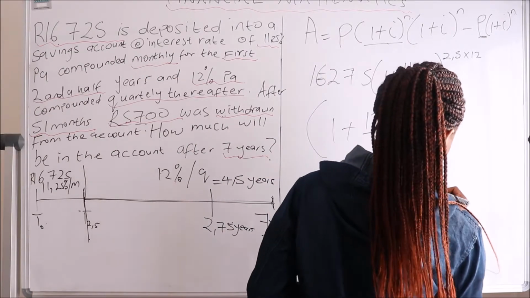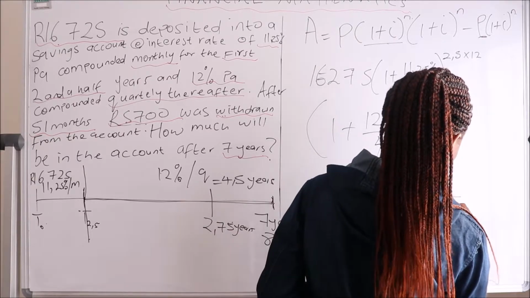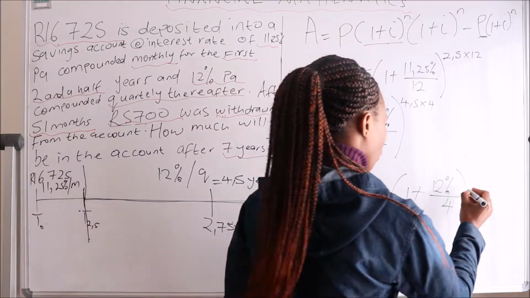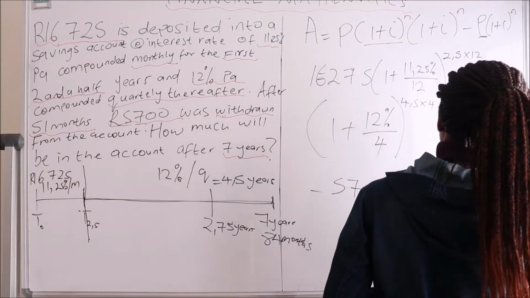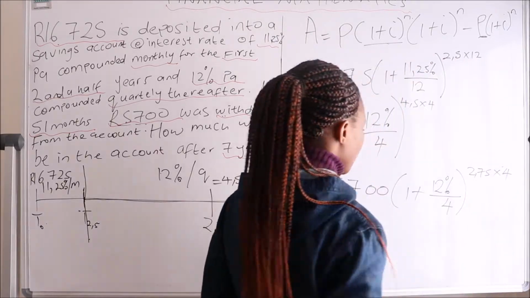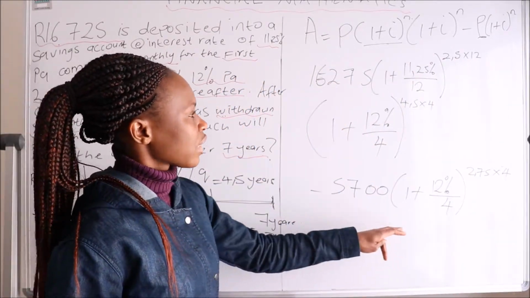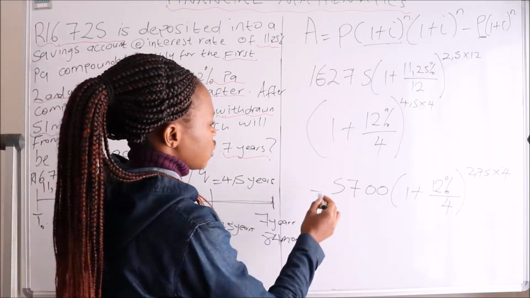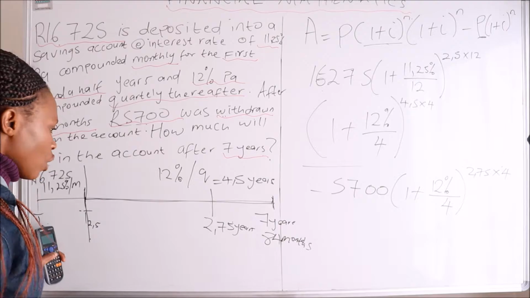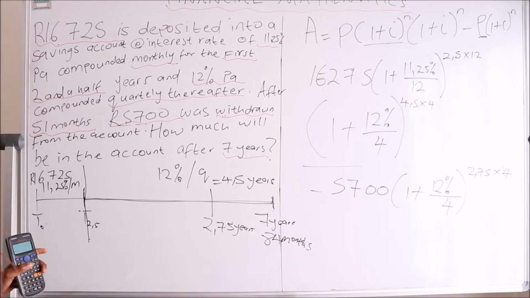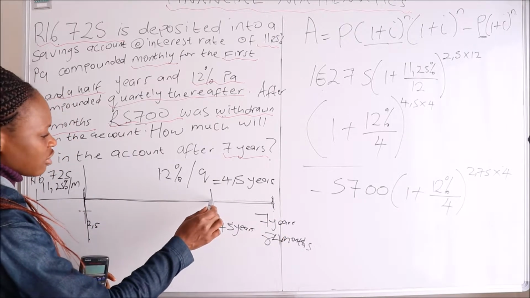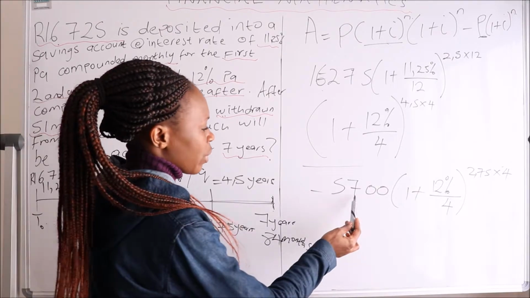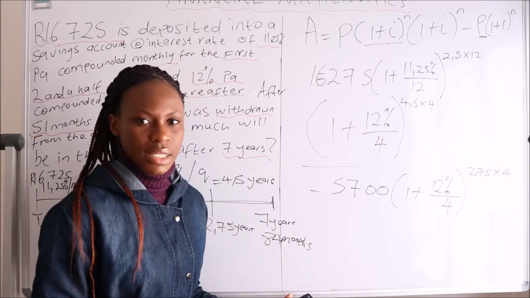So I will divide by 4 because it's compounded quarterly, and multiply with only 2.75. The reason why we multiply with 2.75 is because we want to take out the withdrawal together with its interest, because the 16,275 we have taken through from year 0 up to the last year, which is year 7. But after 51 months there was 5,700 taken from the account. That's why we have to subtract the withdrawal together with its interest.